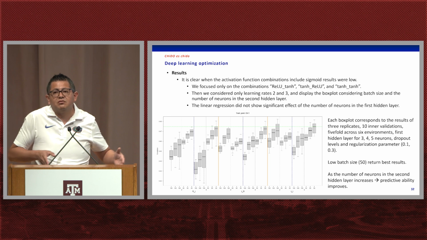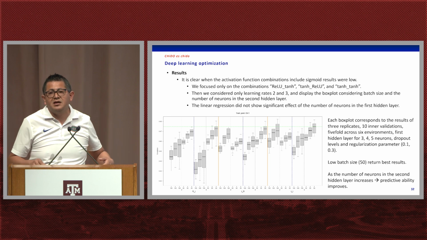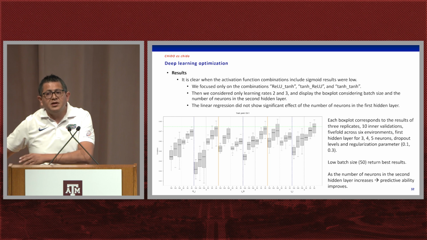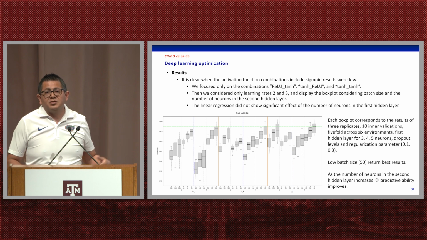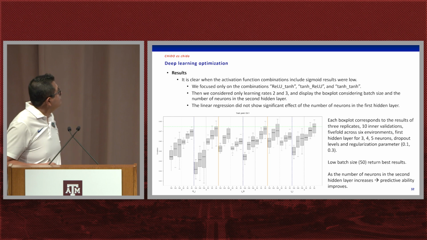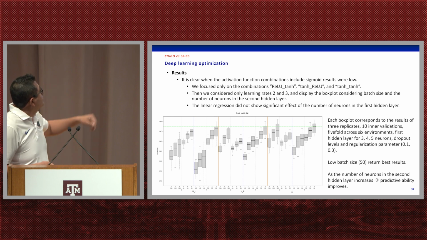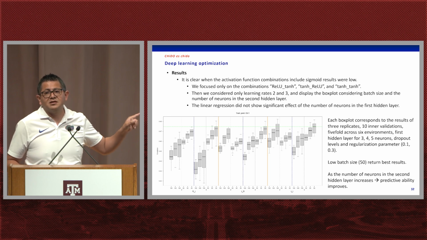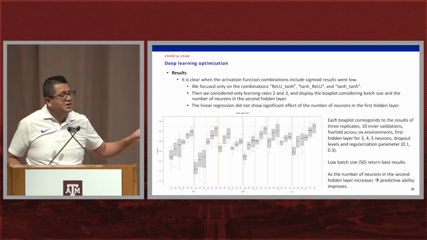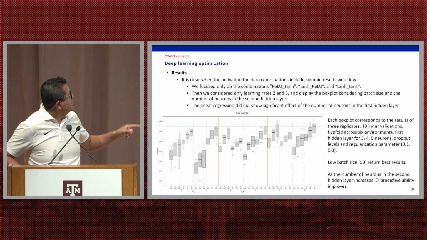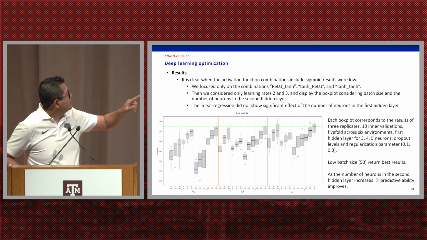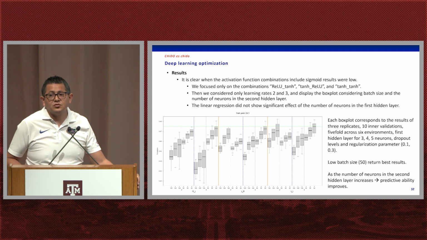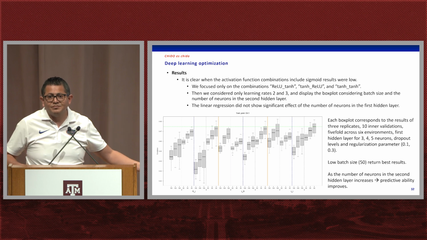So now we can focus on increasing the number of hidden layers without bothering about the other factors, because those are not crucial. This result is for CV1, and something interesting that we found is that a low batch size returns higher predictability. When the batch size was 50, we had better results than when the batch size was 100, right? We don't know.